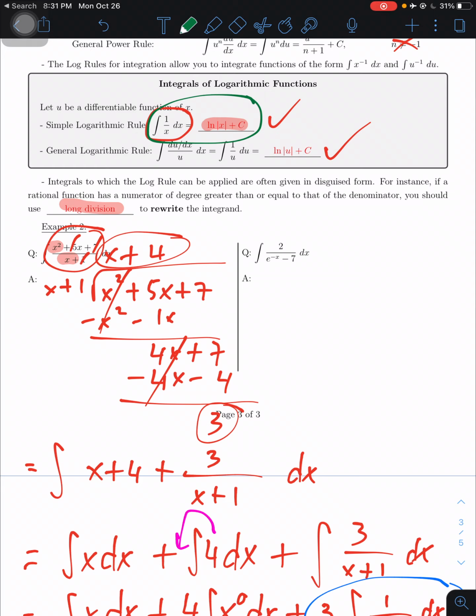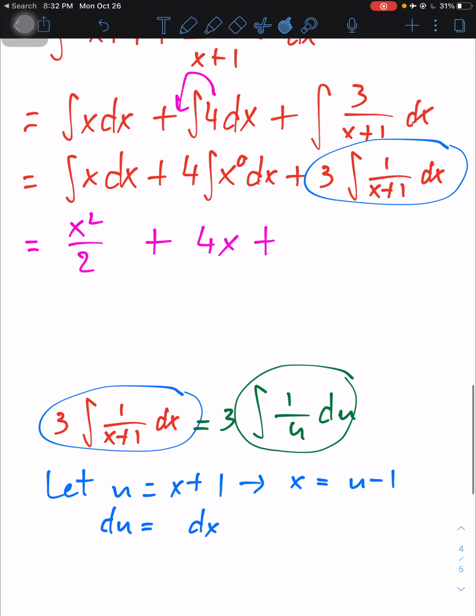So in here we have x, but in my example, I have u, so I'm going to replace my x in here with u, okay? So the answer would be ln of the absolute value of u plus c, okay? So this in here equals 3 because we do have a 3, and then ln of u and then plus c, right?